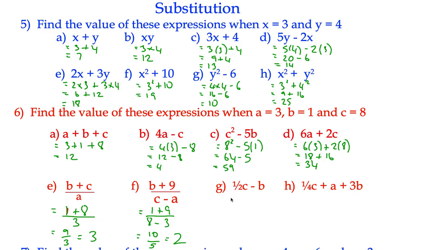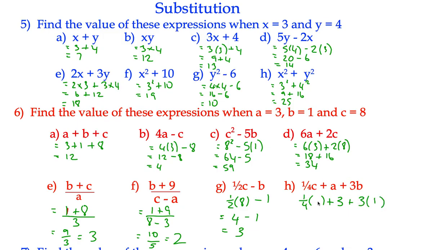Okay, I've already done G, so I'll just quickly say we've got half of C minus B. C is 8, and we're subtracting 1. We know that half of 8 is 4. Subtract 1 is 3. And with H, hopefully you got that one. We've got a quarter of C, add A, which is 3, and we've got 3 lots of B, which is 1.